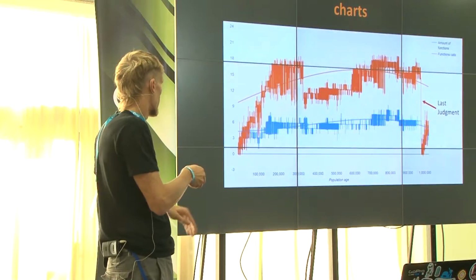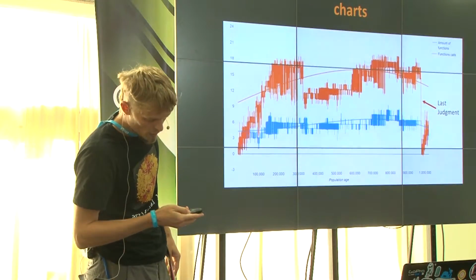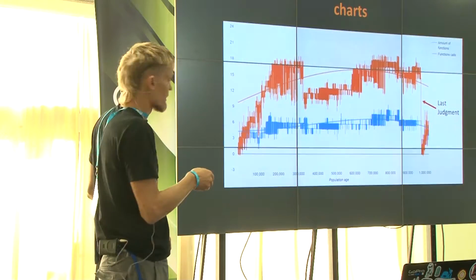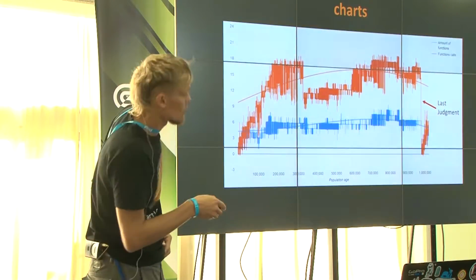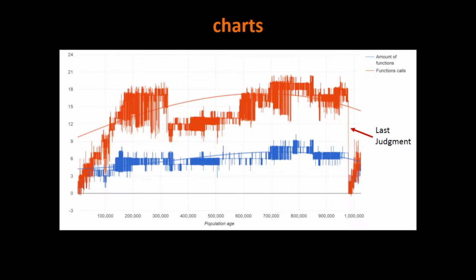So the next chart is the amount of functions, and this is the amount of function calls.